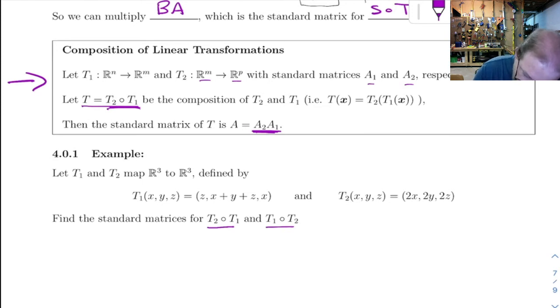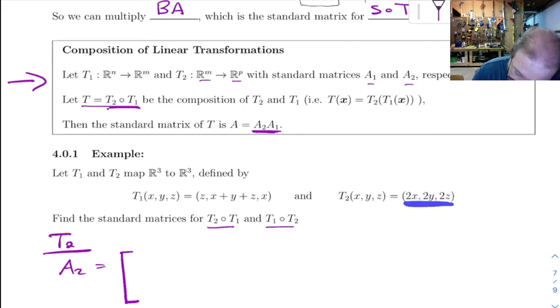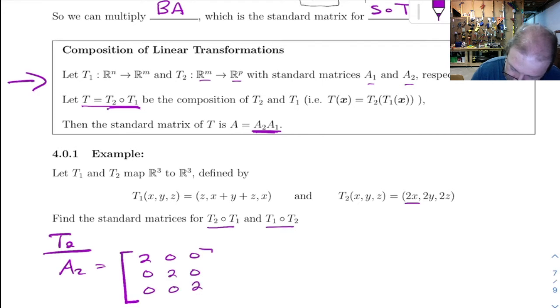For T2, we've got the matrix A2, which is just going to be the coefficients of this. For that first one, we've got 2x, so that's going to be 2, 0, 0. Then 2y will be 0, 2, 0. And this will be 0, 0, 2.